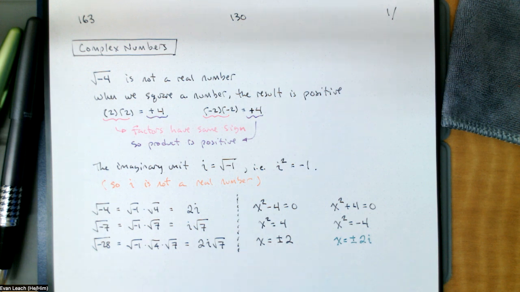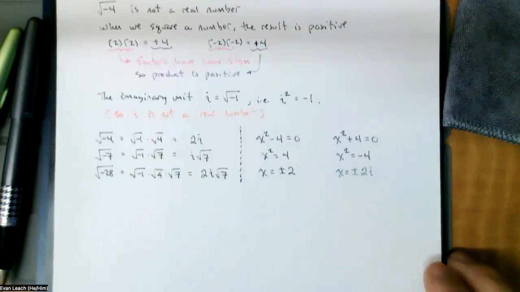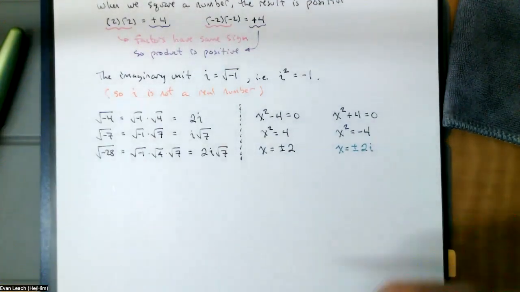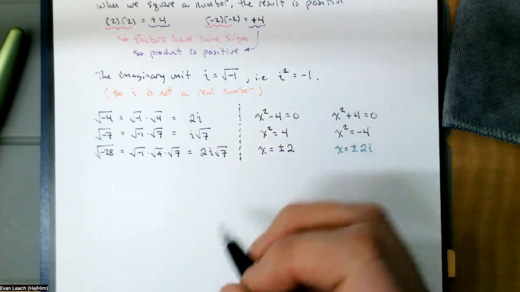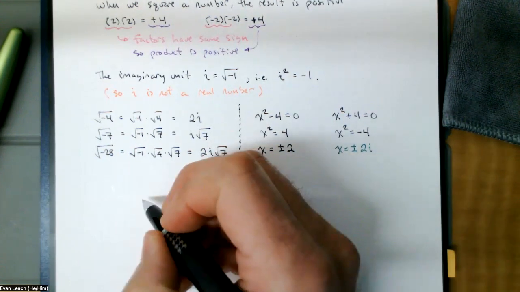Now, if we take a look at the graphs of these two functions. The graph of x squared minus 4 is a parabola.